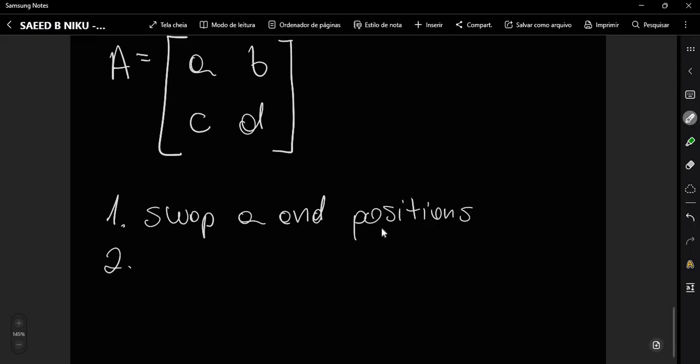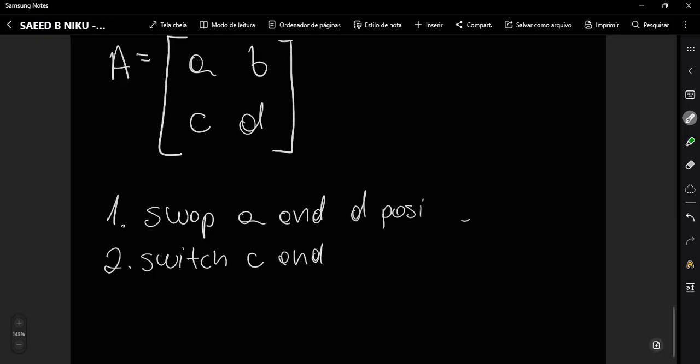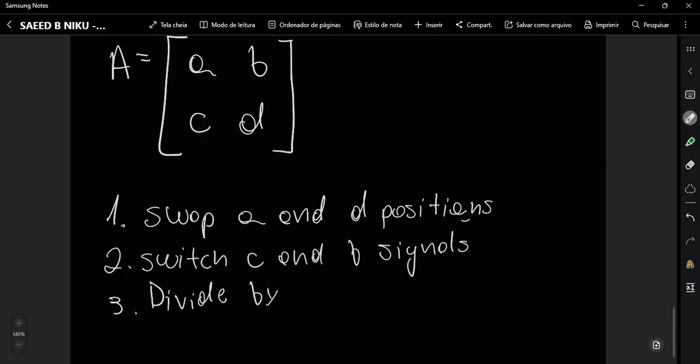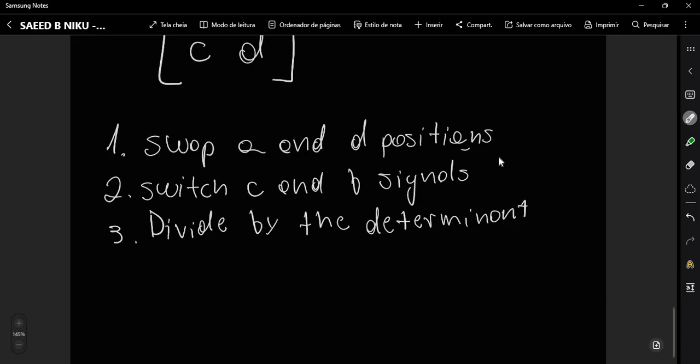Second, switch the signs of C and B. And divide by the determinant of this matrix.